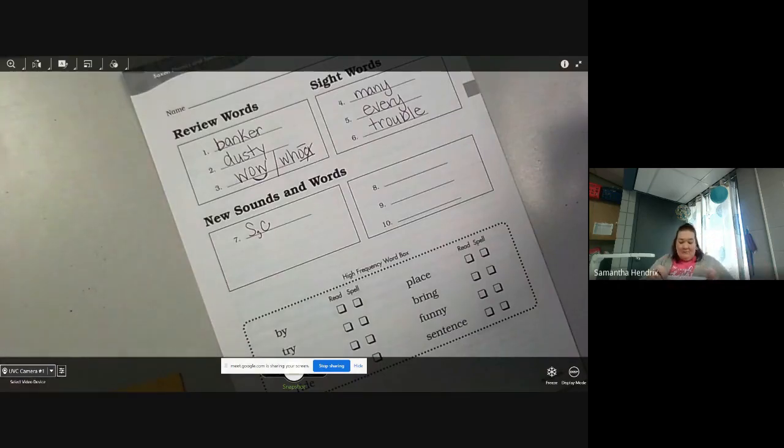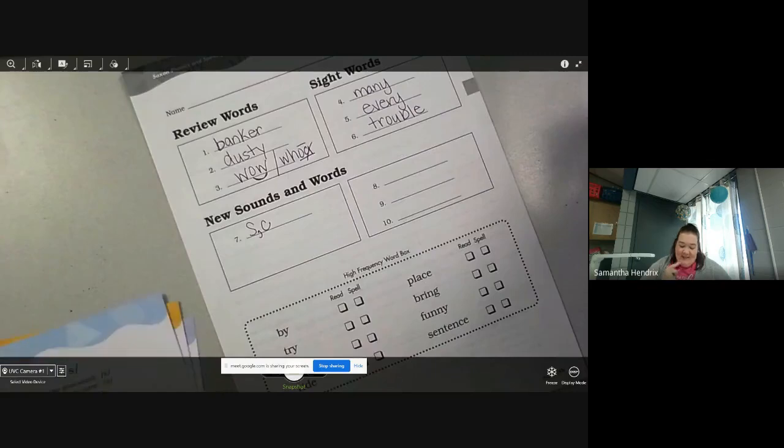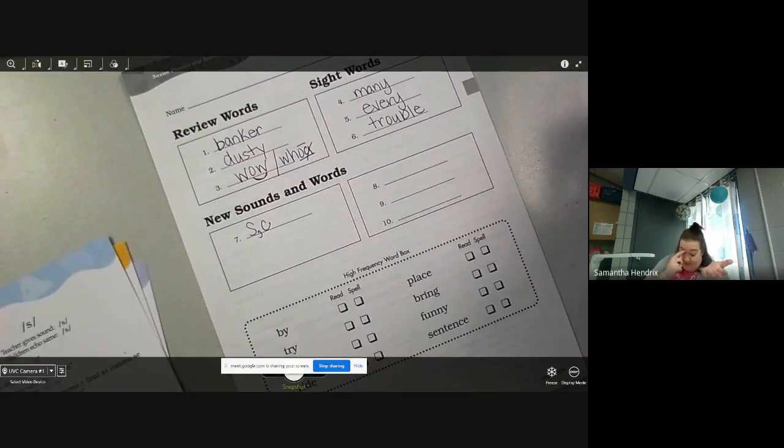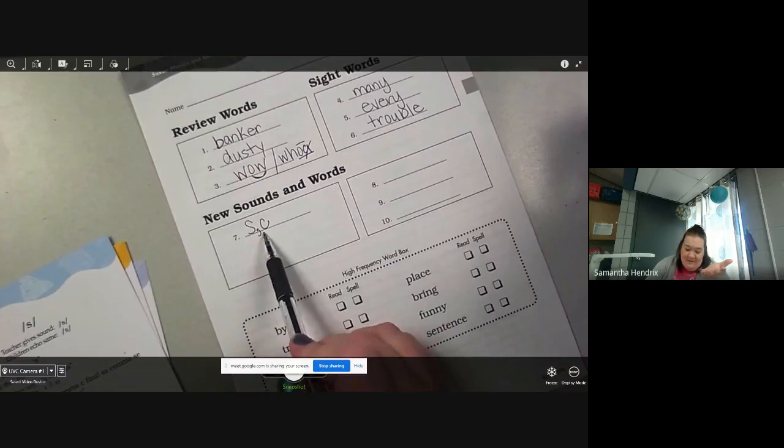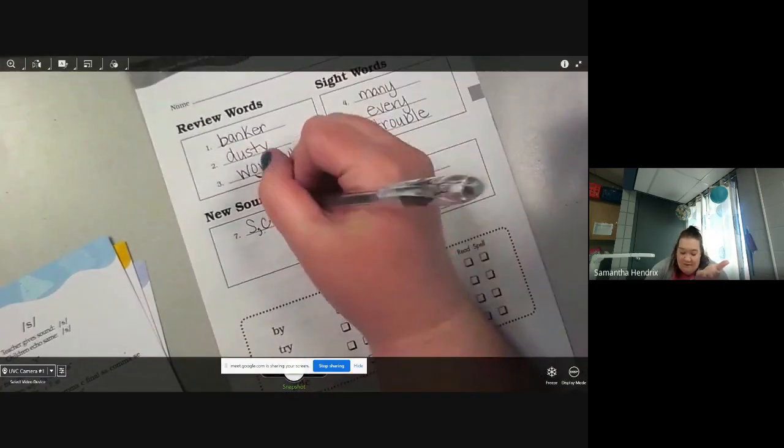Okay? So when you hear from now on, when we're doing our high frequency, you say, and then you have to give me, here's our new thing, S, comma, C, final.